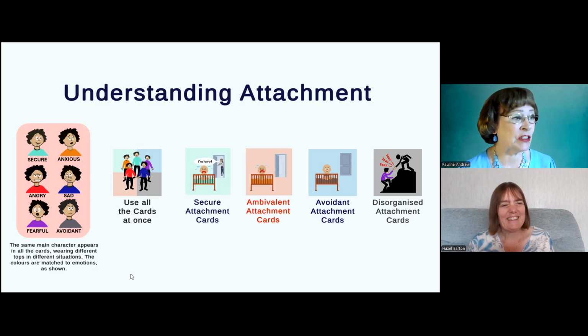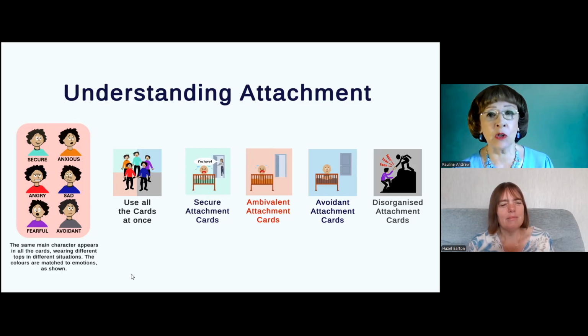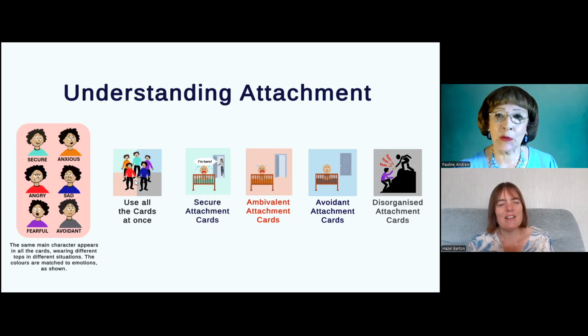Anxious is orange, angry is red, blue is sad, and purple is fearful, and they are all in line with the Inside Out characters from the film Inside Out. And avoidant is grey. There are 5 options here where you can use all the cards together, or you can focus on secure, ambivalent, avoidant, or disorganized.